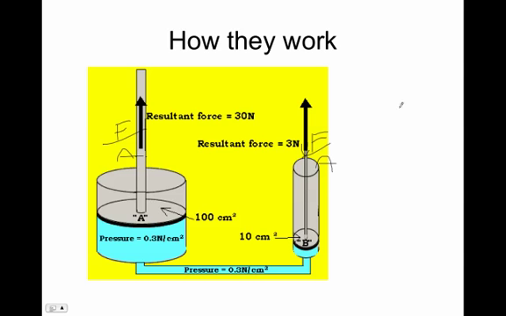So let's check this out. 3 newtons over 10 centimeters squared must equal 30 newtons over 100 centimeters squared. Are these two equal? What's 30 divided by 100? 0.3. What's 3 divided by 10? 0.3. Yeah, they're equal. In fact, they're equal to the pressure inside the fluid.